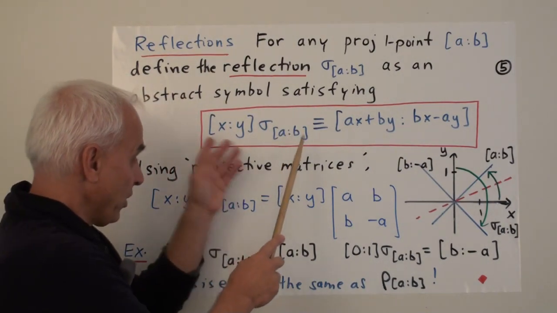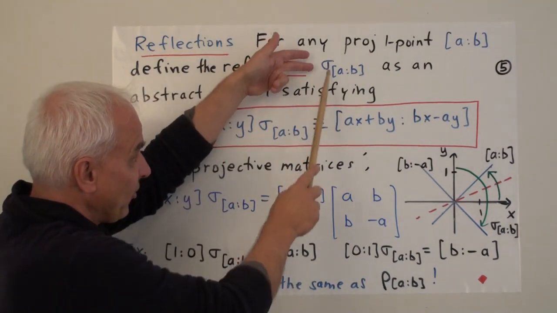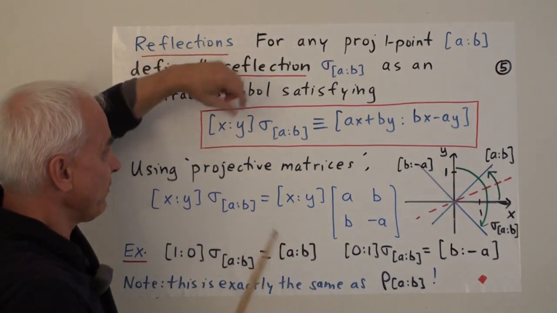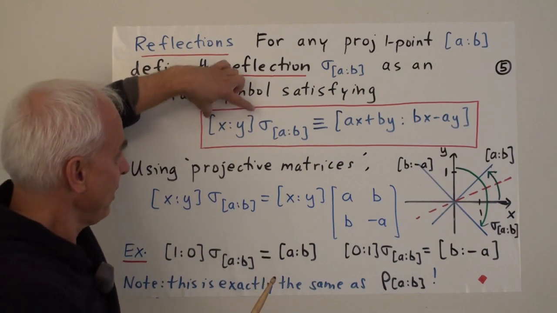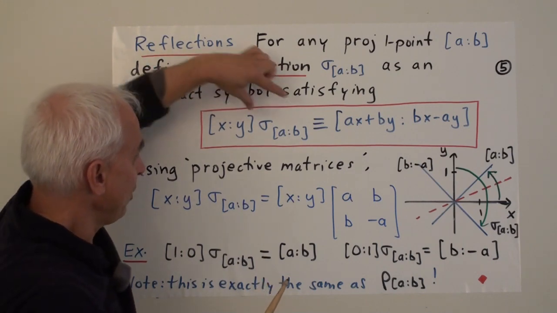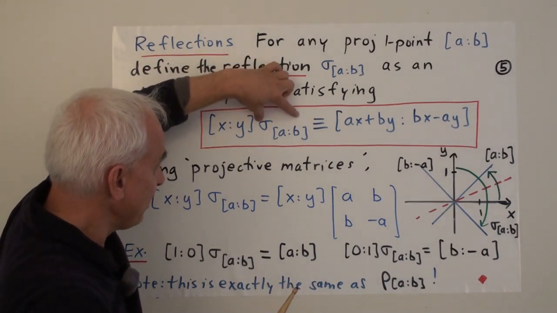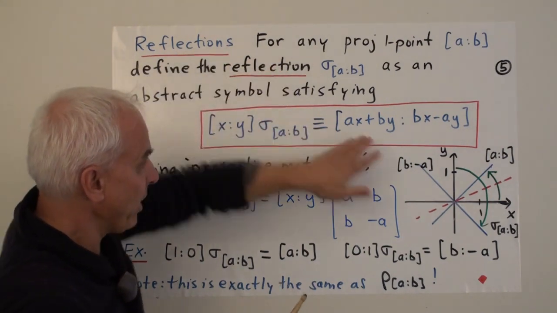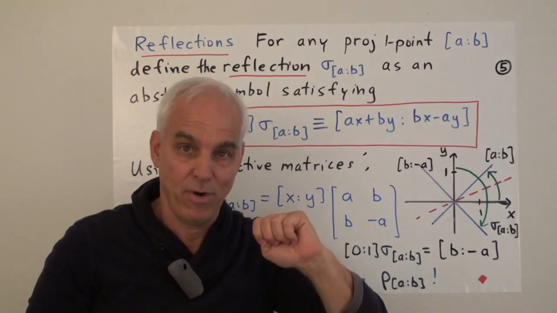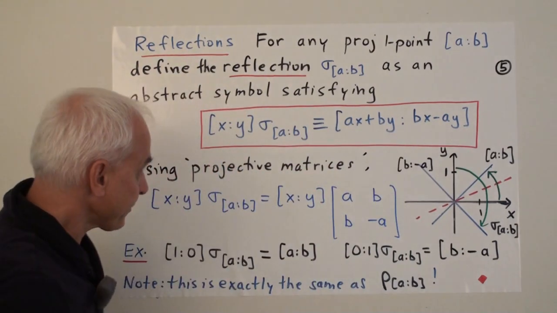In other words, we're going to define this symbol, sigma, purely in terms of how it interacts with a projective one point. We have a projective one point on the left, we have the symbol sigma A to B on the right, and by definition, this combination evaluates to this projective one point. And what is that?